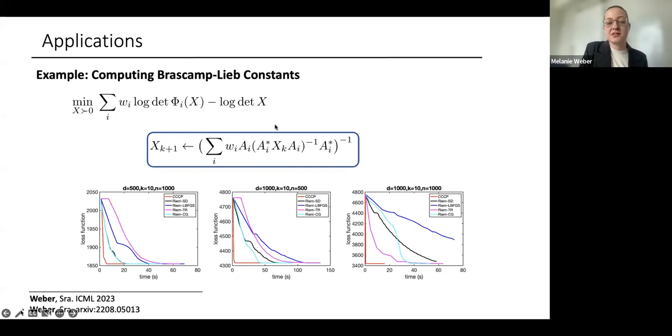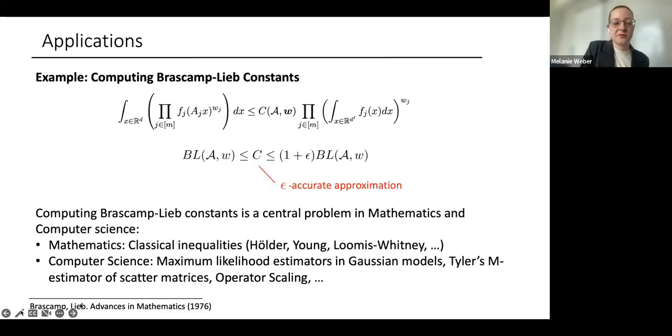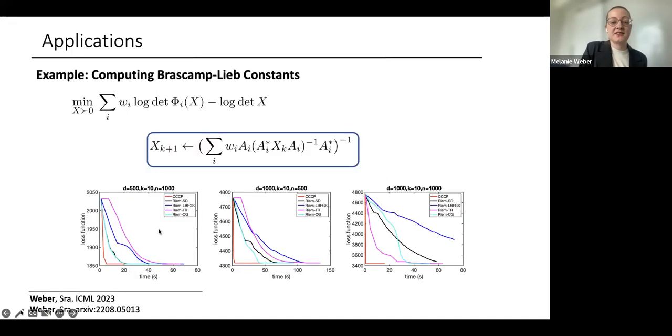This fixed point iteration is derived from a formulation of the problem of computing that constant in the Brascamp-Lieb inequalities that is written here. It is known from early work by Brascamp and Lieb that the optimum has to be positive definite.